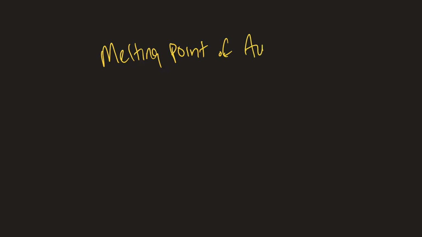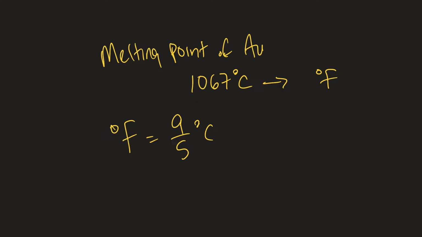Let's look at another example. Let's say that the melting point of gold is 1067 degrees Celsius. Let's convert this to Fahrenheit. To find Fahrenheit, it is 9/5 of the degrees Celsius plus 32.